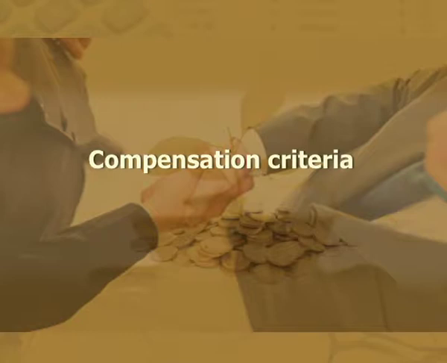Moving on to the next topic, that is compensation criteria. As per Kaldor's welfare function, if any change in the economic organization or policy makes some people better off and others worse off, then that change can increase social welfare only in case gainers could compensate the losers and still be better off.